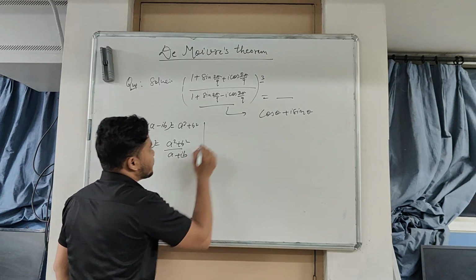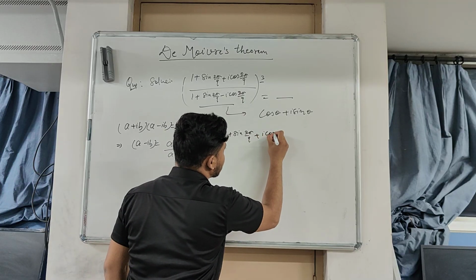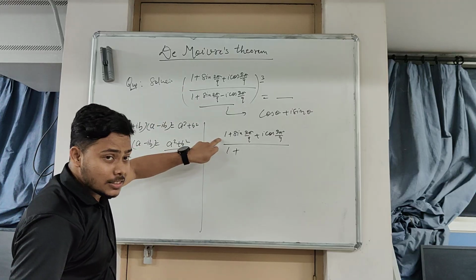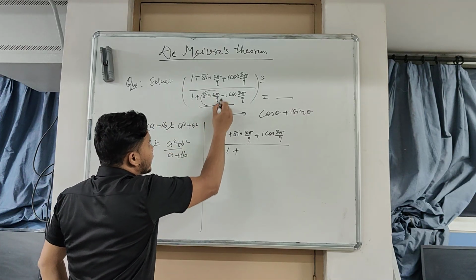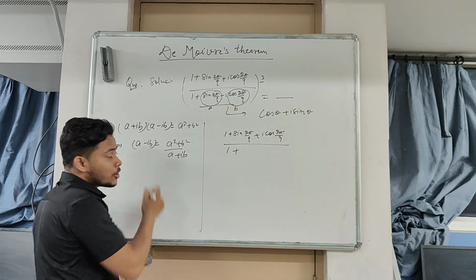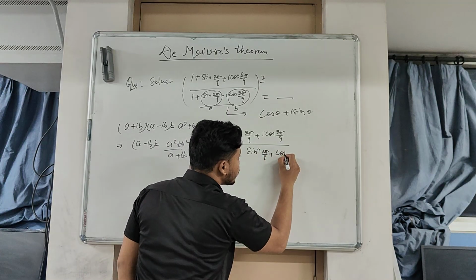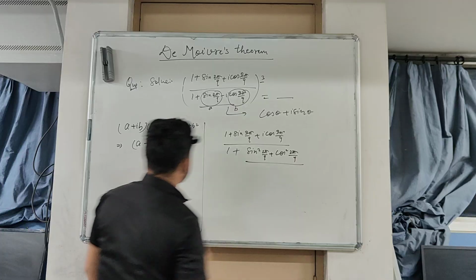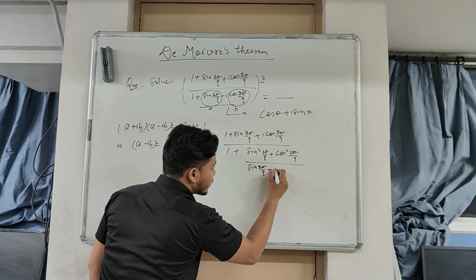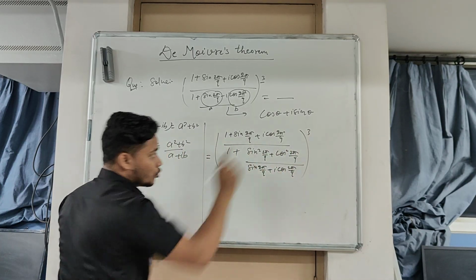So using this here, keeping the numerator as it is and taking sine 2 pi by 9 as a and cos 2 pi by 9 as b, what do we get? a square plus b square means sine square 2 pi by 9 plus cos square 2 pi by 9, divided by a plus iota b means sine 2 pi by 9 plus iota cos 2 pi by 9, whole cube. Don't forget to take the whole cube, right?